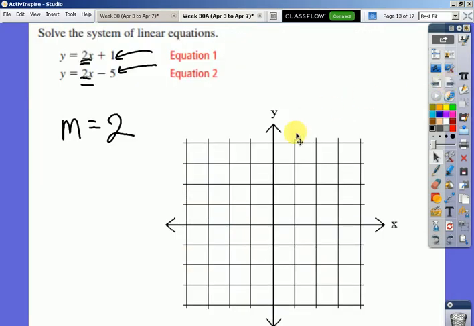Here we're going to look at a problem. So we established the fact that they have the exact same slope, which means what are they going to look like graphically? They're not going to meet. They're parallel, right. So I would graph these lines. I start at 1, and then what do I do with the slope from there? You go up 2 and to the right. Up 2 to the right, and down 2 to the left.